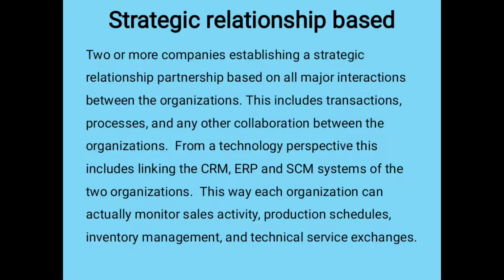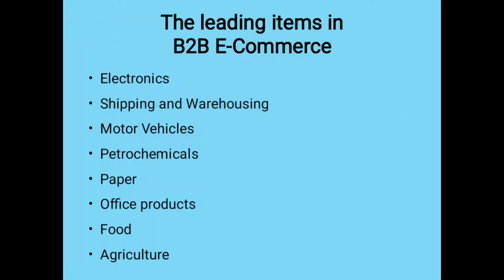This way, each organization can actually monitor sales activity, production schedules, inventory management, and technical service exchanges. See, strategic relationship based is mainly to provide the services, or the customer relationship maintenance is the main role and main goal of this. Let's move to the next slide.